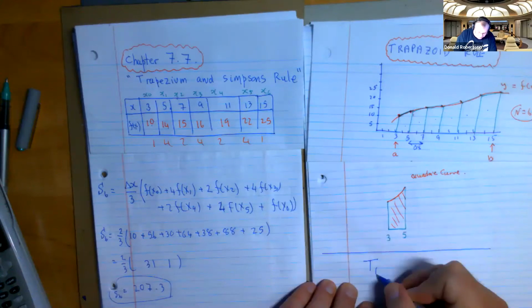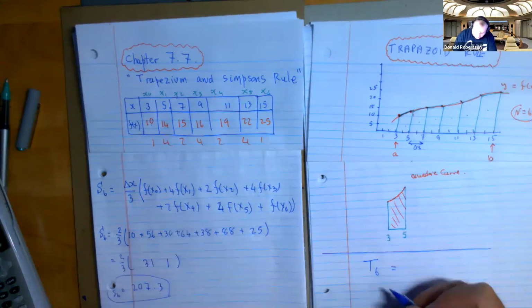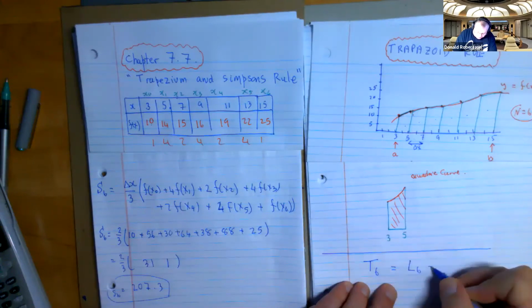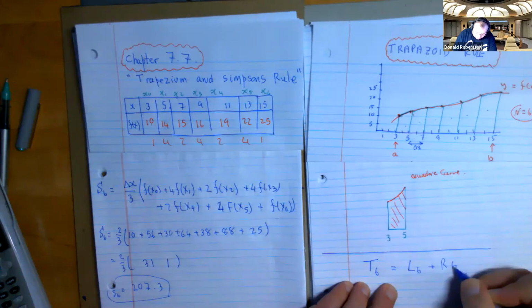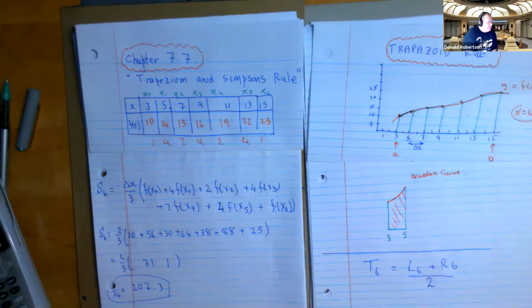Do you know that trapezium 6, right, the guy that we just calculated a few minutes ago, if you find left 6 and right 6 and add them together and divide by 2, do you know that's the same answer as trapezium 6? Can you trust me on that one? But if you look at the two formulas, can you imagine sticking them together and then dividing everything by 2?